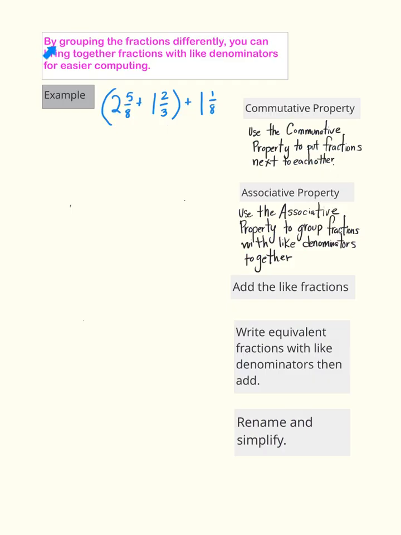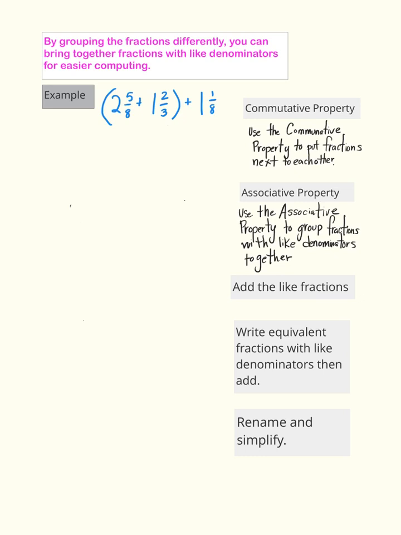Okay, so again, the goal here is to group fractions differently so we can bring together fractions with like denominators for easier computing. So we want to look at the problem and look at where we have like denominators and put those together. So here's our example, 2 5/8 plus 1 2/3 plus 1 1/8. So we're going to use commutative property first to solve this problem.